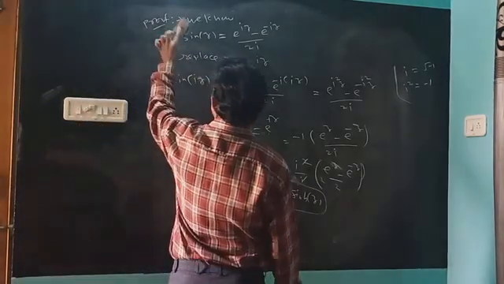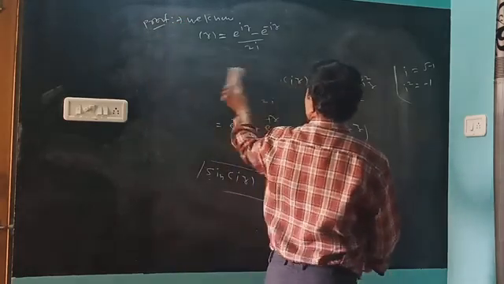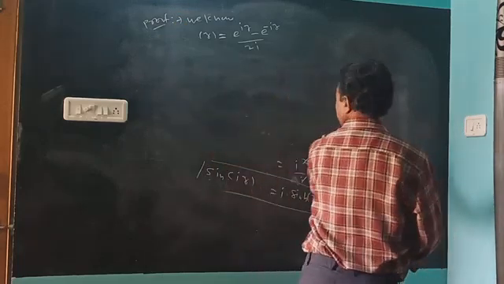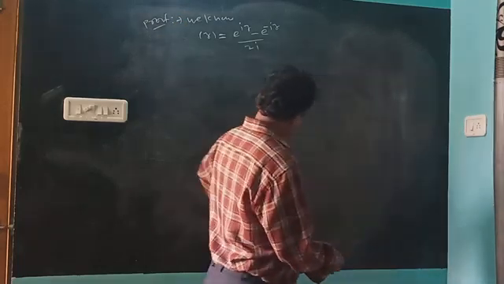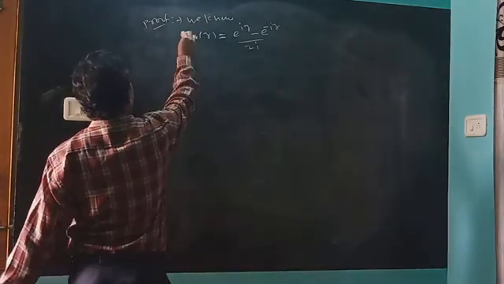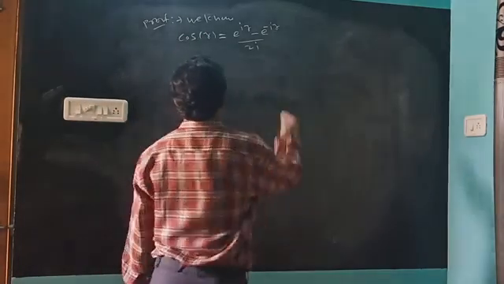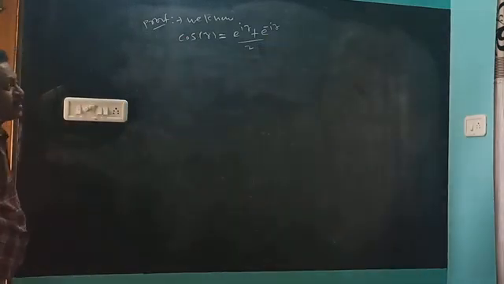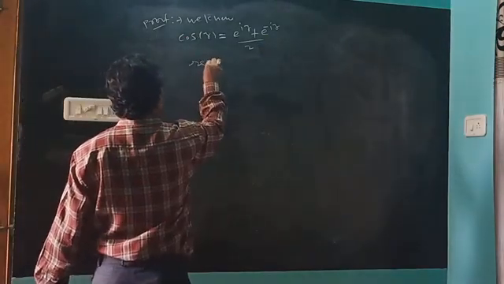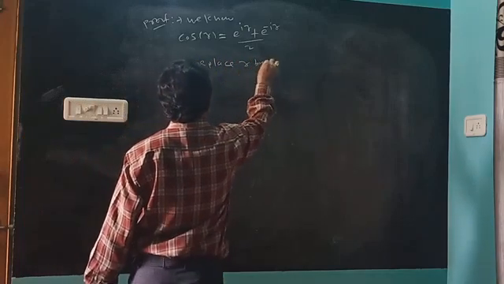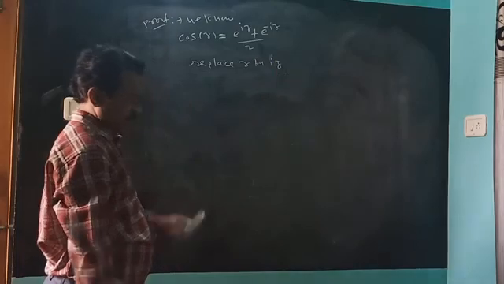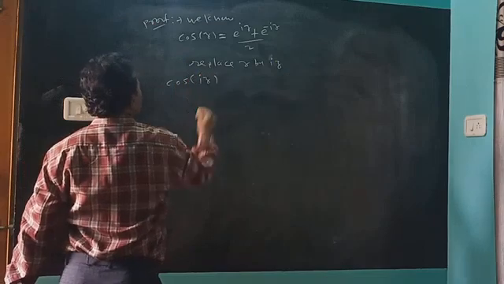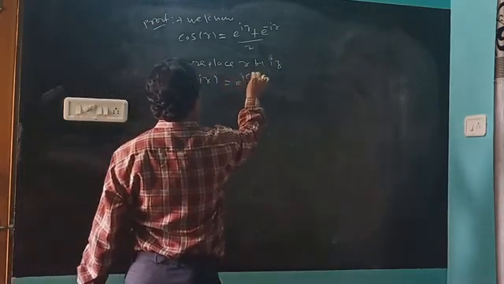Now similarly for the cos proof. So we know cos z is plus, and no I. Cos has no I. So replace z by iz.